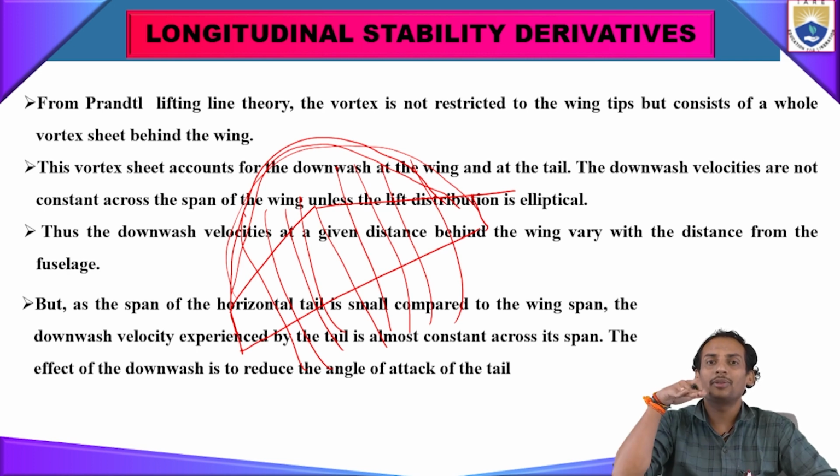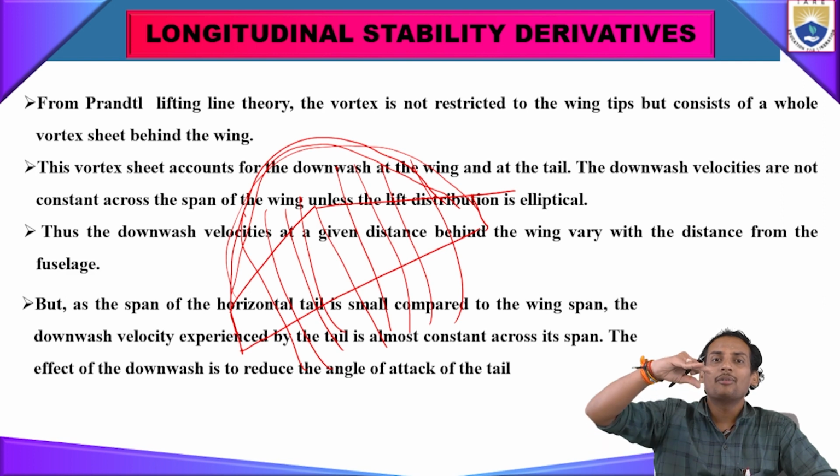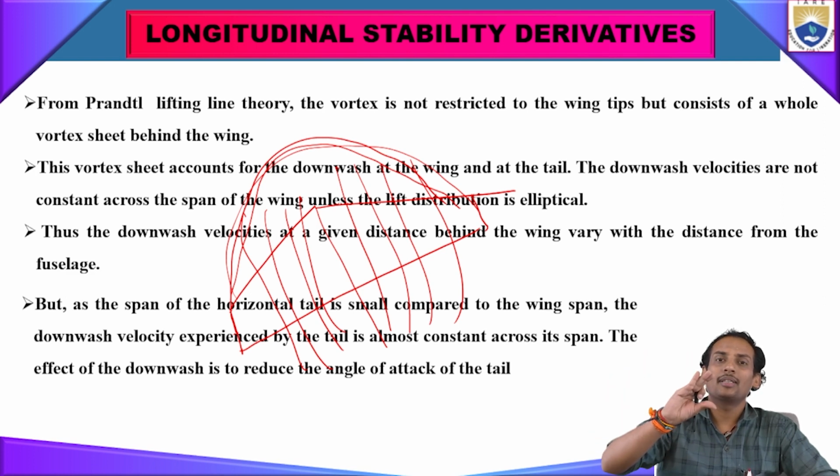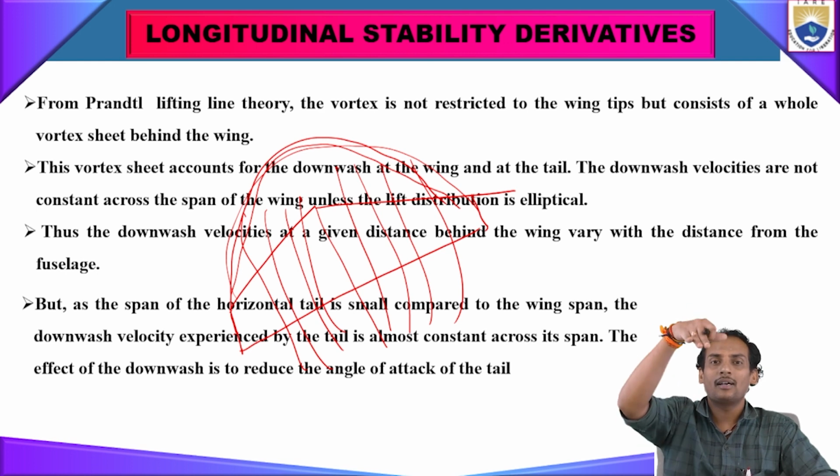Whenever the downwash is high under this tail, and you give some angle of attack to it, we need to give more force in the downward direction, because the flow velocity is high there.